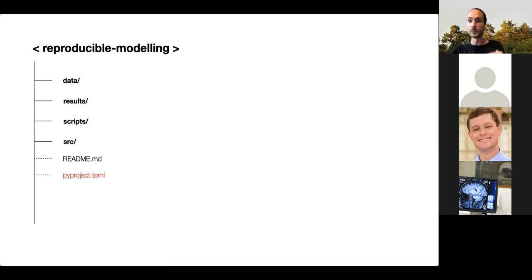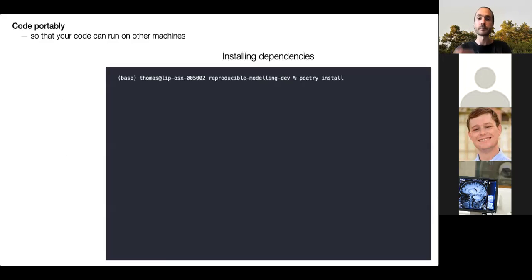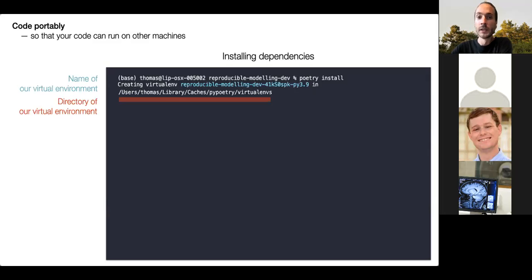So how can you reproduce an environment when you get this file from a repository? You simply go to this directory, this repository on your computer once you've cloned it, and you type poetry install. This will tell you a bit more about how Python Poetry works. What it actually does is create in the background a virtual environment, which is a directory, located here on my machine under Users, Thomas, Library, Caches, pypoetry, virtualenvs.